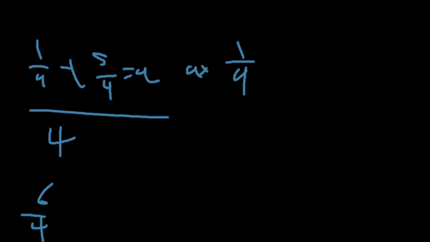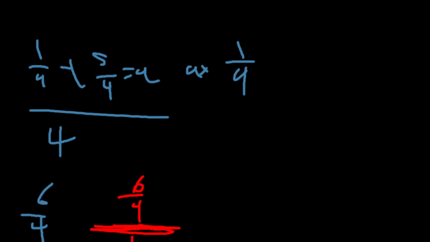6 over 4 divided by 4. And remember, it's not divided by 1/4 because that's another mistake. If you write this as 6 over 4 times 1/4, it's a whole nother thing. There's multiple ways you can get this wrong, but I'll tell you the way I was talking specifically.